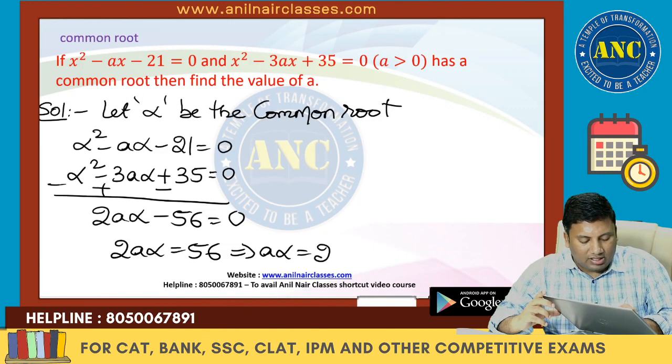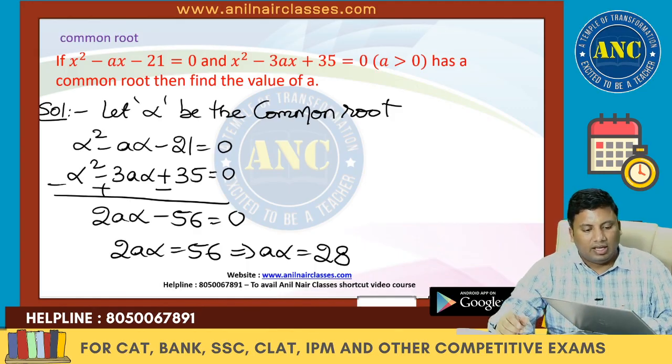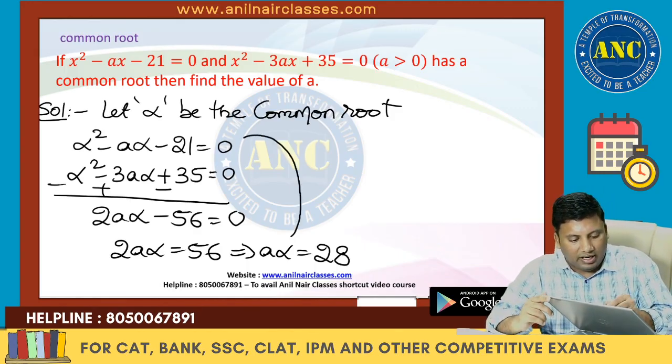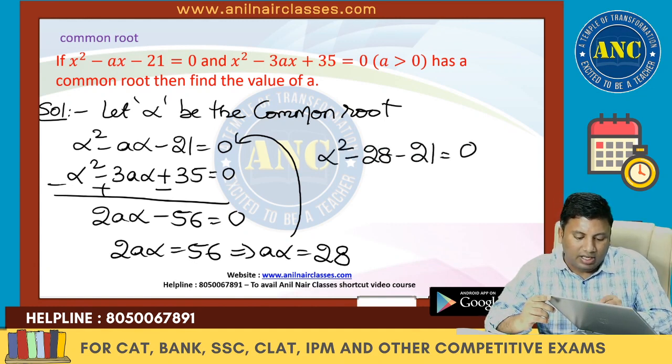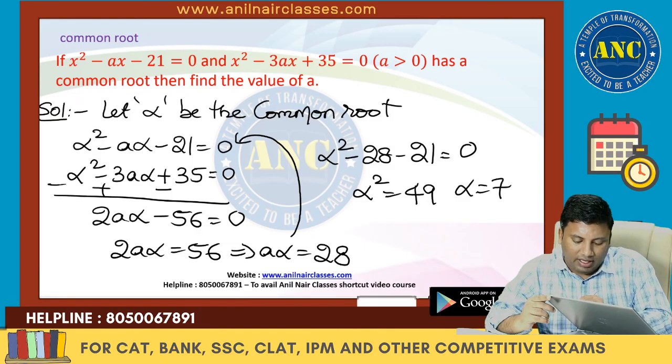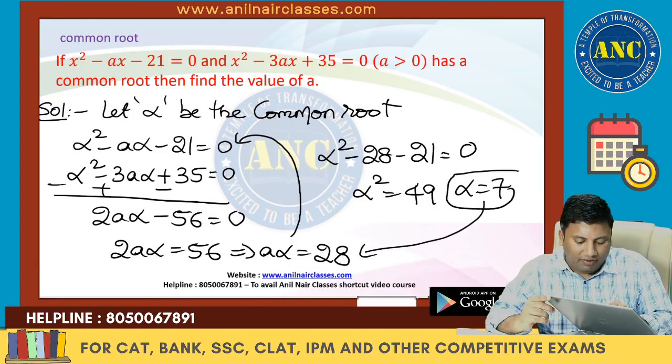A alpha is nothing but 28. If a alpha is 28, if I substitute here, alpha square minus 28 minus 21 is 0, alpha square is 49, alpha is nothing but 7. If alpha is 7, a is nothing but 4.